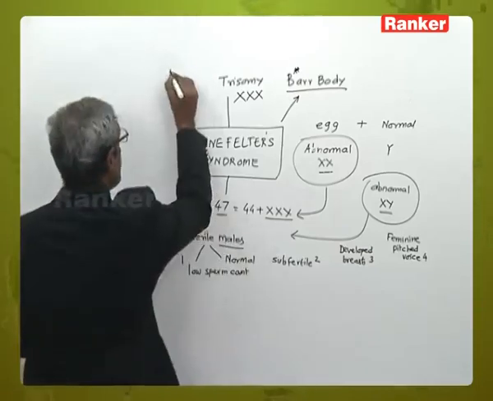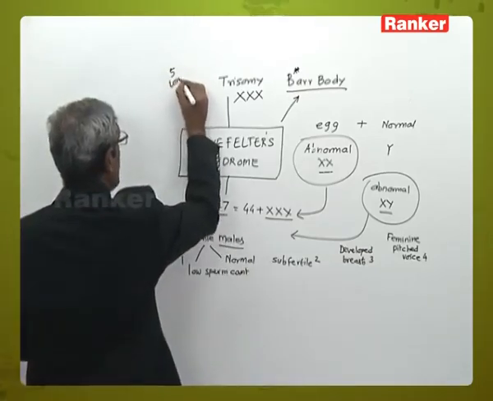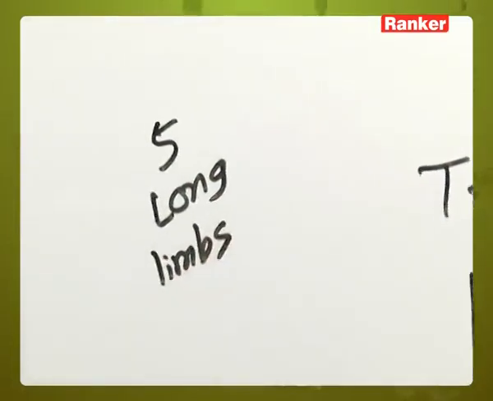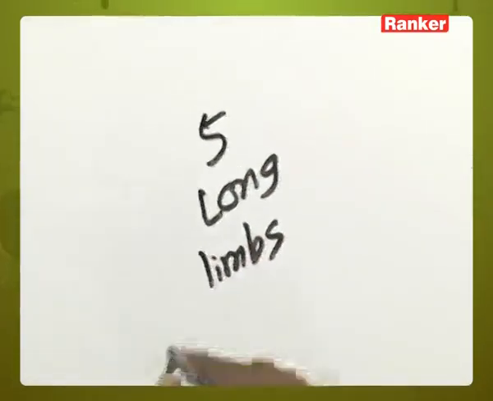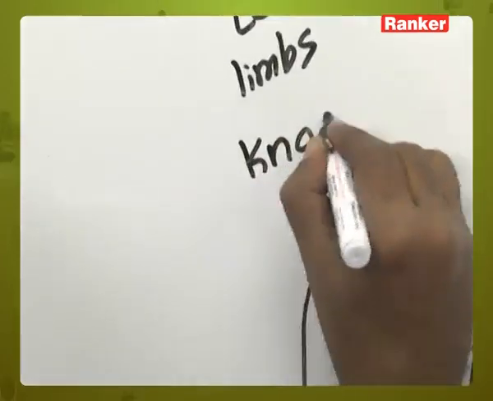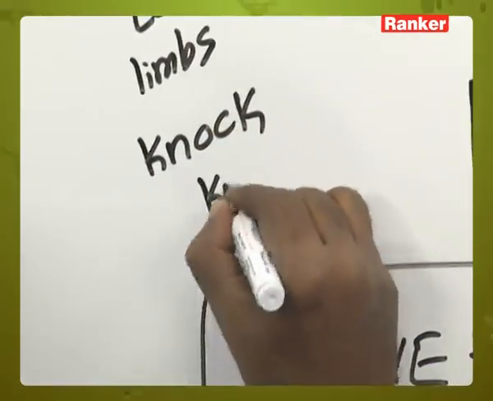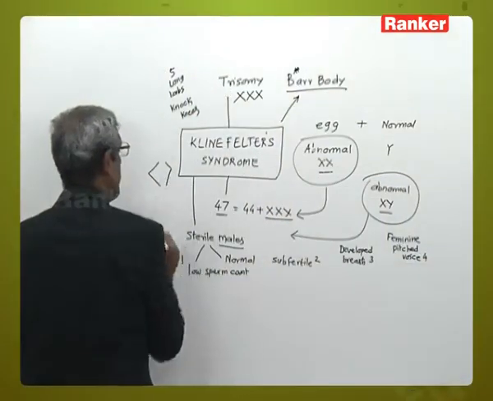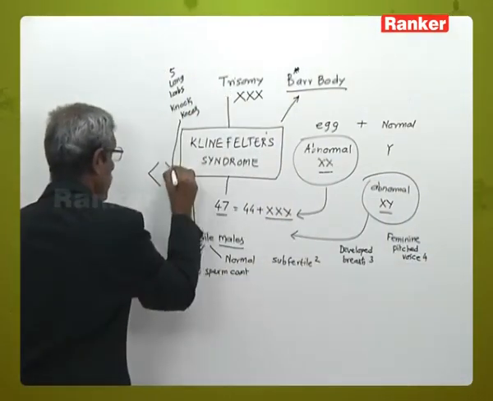They have long limbs, and they also show knock knees, where the knees are folded this way.